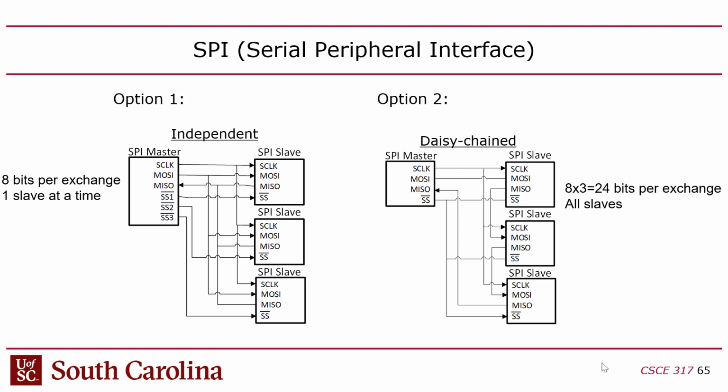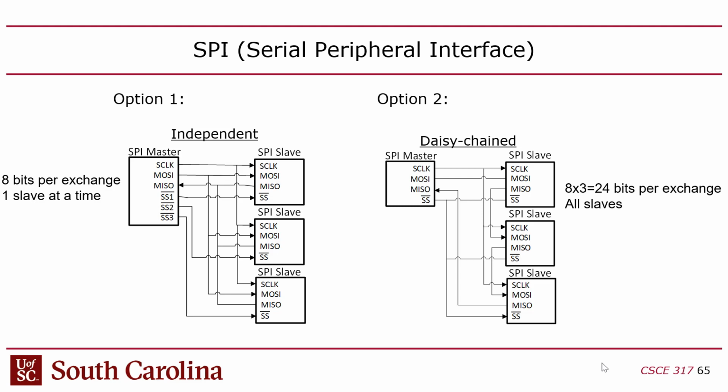Like if this guy is trying to send a 0, and this guy's trying to send a 1, they're fighting each other, right? So the presumption here is that these MISOs have to be gated connections, where the slaves have to disengage from that MISO when they're not sending data, when they're not active, when they're not part of a transaction.